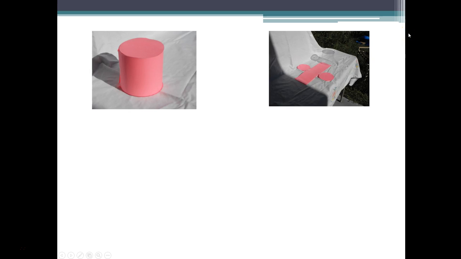Now surface area, you are going to have to know how to do surface area of a cylinder. Not so bad. Notice in my picture over here, top and bottom are circles.